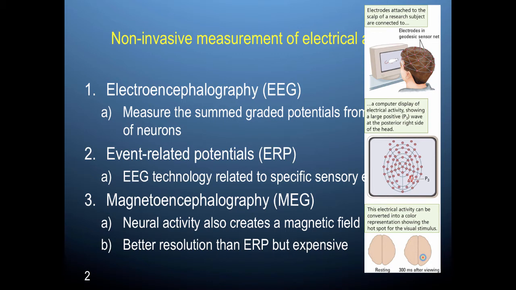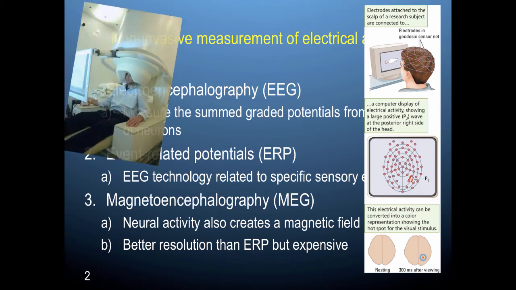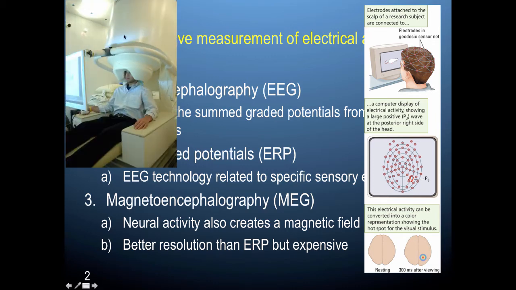So as these neurons fire, they will create a very small magnetic field, and this magnetic field can also be detected. Because this magnetic field has a spatial orientation to it, the spatial resolution is better than EEG and ERP, but MEG is quite expensive. It has a more expensive machine and field that can detect these very, very small changes in magnetic field as a function of neural activity.